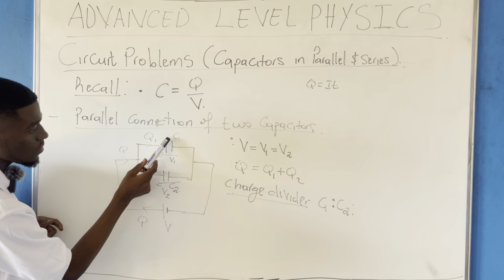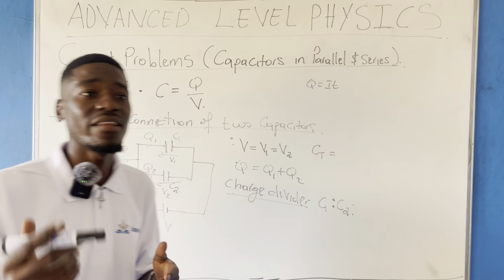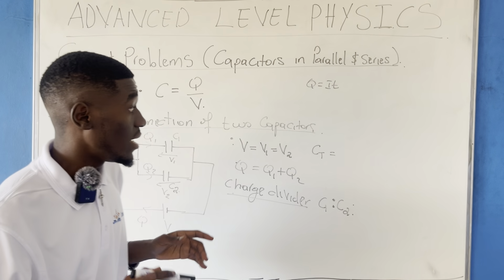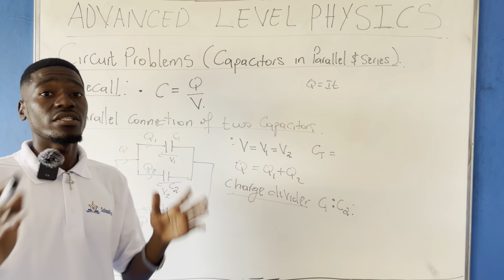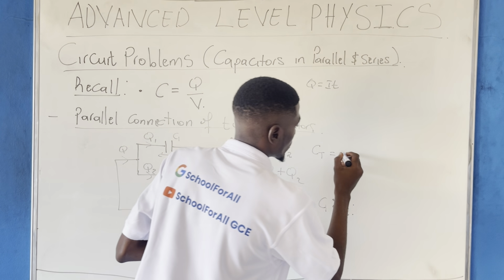Now another important thing is that if I want to calculate the total capacitance of the circuit, it is exactly the inverse of what we have in resistance. Like when we are having resistors in parallel, we do product over sum. But here, when you are having capacitors in parallel, it's like you are having resistors in series. So C total is what?